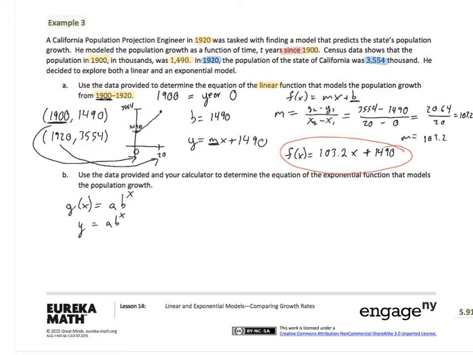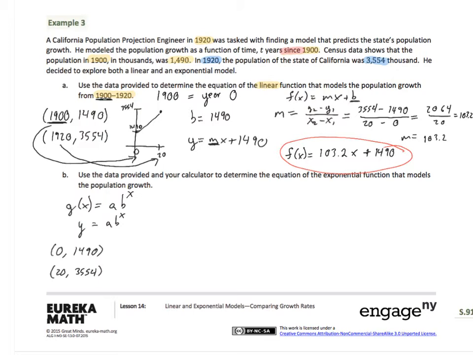I already have my 2 points up here, 1900, 1490, and 1920, 3554. I'm going to rewrite those using 0, 1490 and 20, 3554. That way it'll just look easier whenever we're doing our equations.